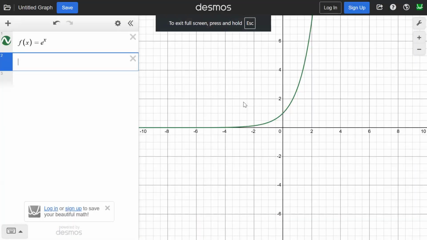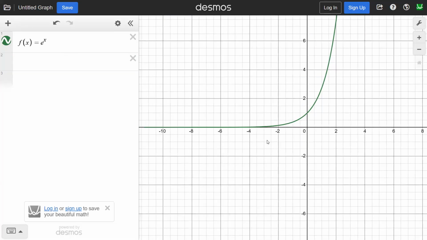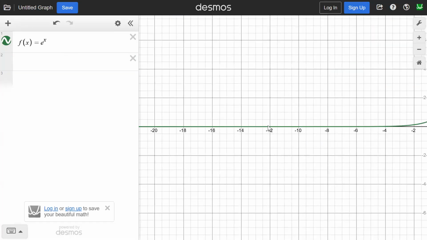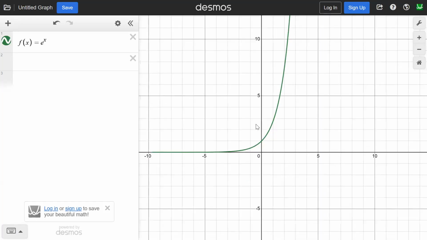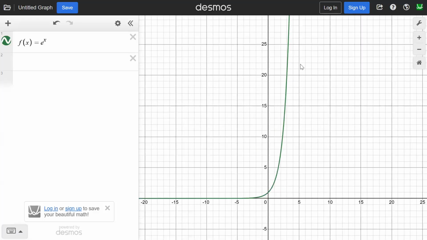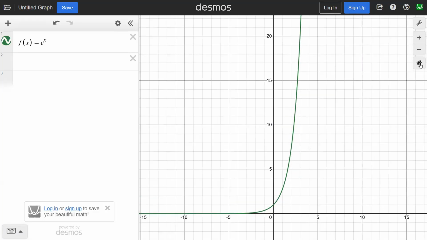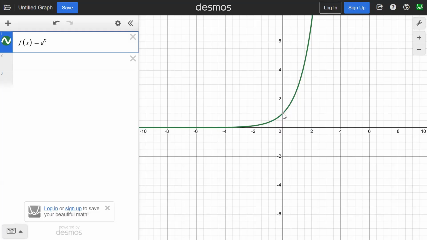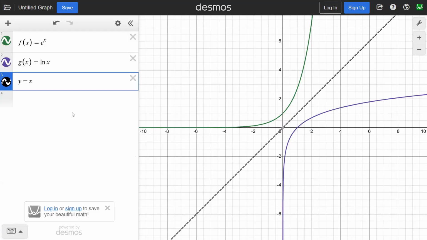Wanted to hop on to Desmos just to show you that as x approaches negative infinity, the left-hand behavior, the y value of e to the x approaches 0. And as x approaches positive infinity, e to the x grows without bound. And also at x equals 0, the limit and function value both equal 1. Then if we pull up the line y equals x and reflect e to the x over that, we would get the natural logarithmic function.